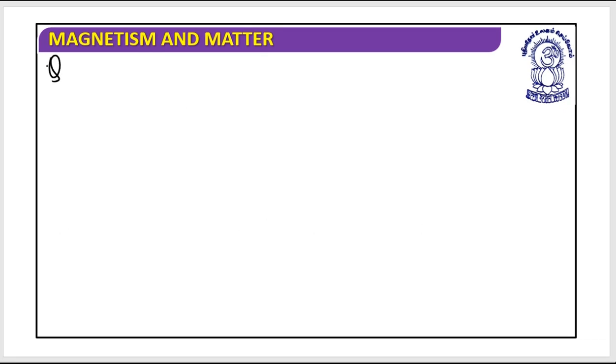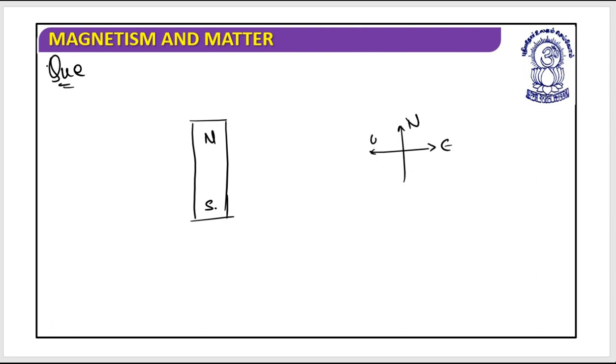Let's have a look. Suppose we have a bar magnet over here, and this is the north pole of the bar magnet, this is the south pole of the bar magnet. If I look at the geographical directions, this is NEWS. So this is north, this is east, this is west, this is south.